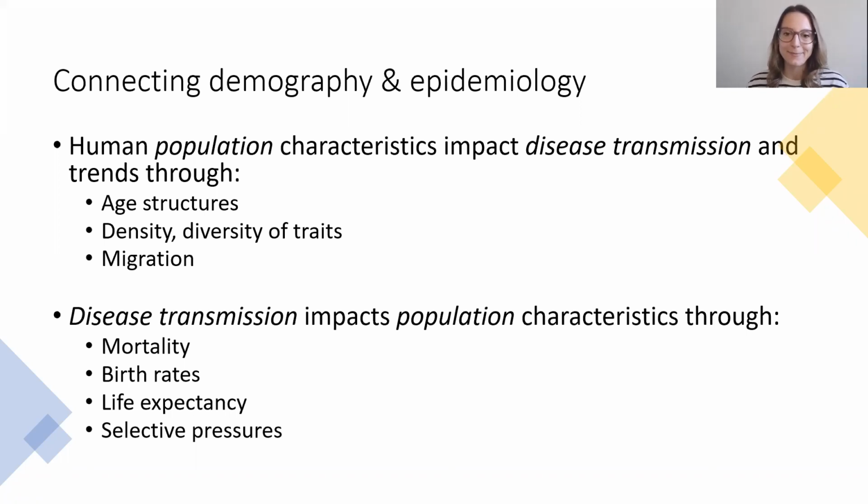It is much more useful to think about them in the same context, and always keep in the back of your mind that whenever you're talking about a transition of diseases, you're also talking about some transition of population characteristics at the same time. So hopefully that's pretty clear.